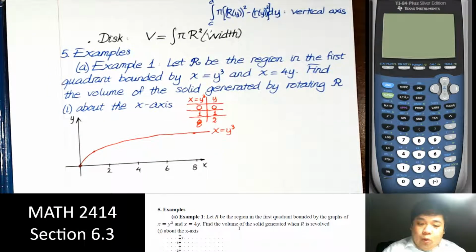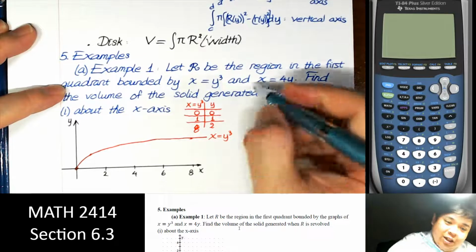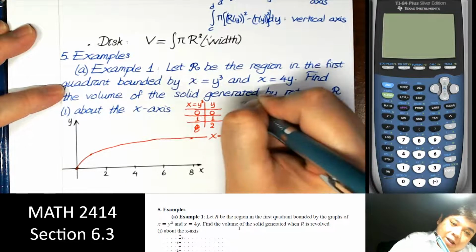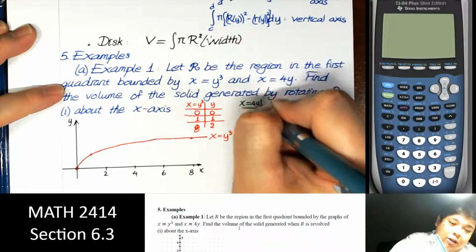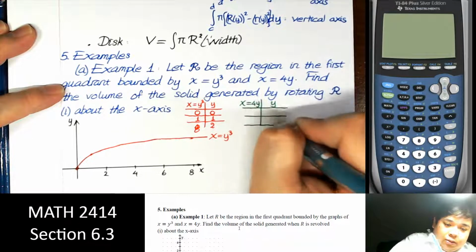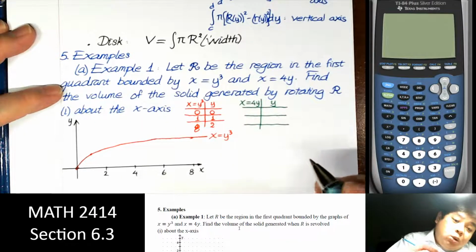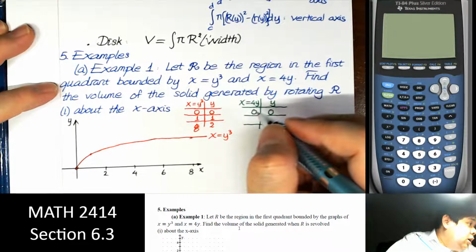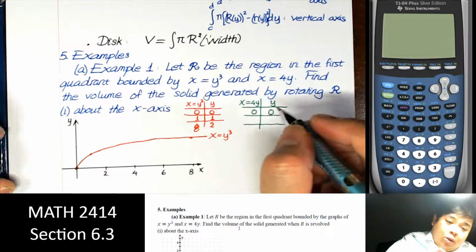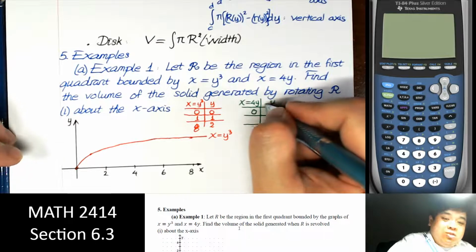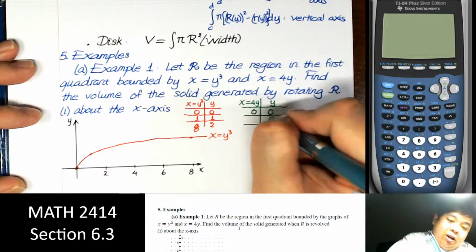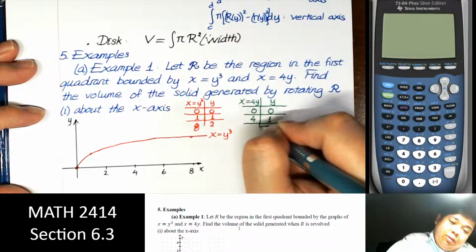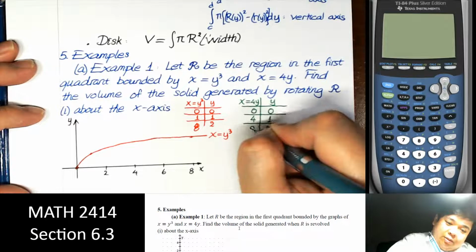And then x equal to 4y. Just try to sketch that as well. When y equal to 0, 4 times 0 is 0. When y equal to 1, 4 times 1 is 4. 2 is 8.